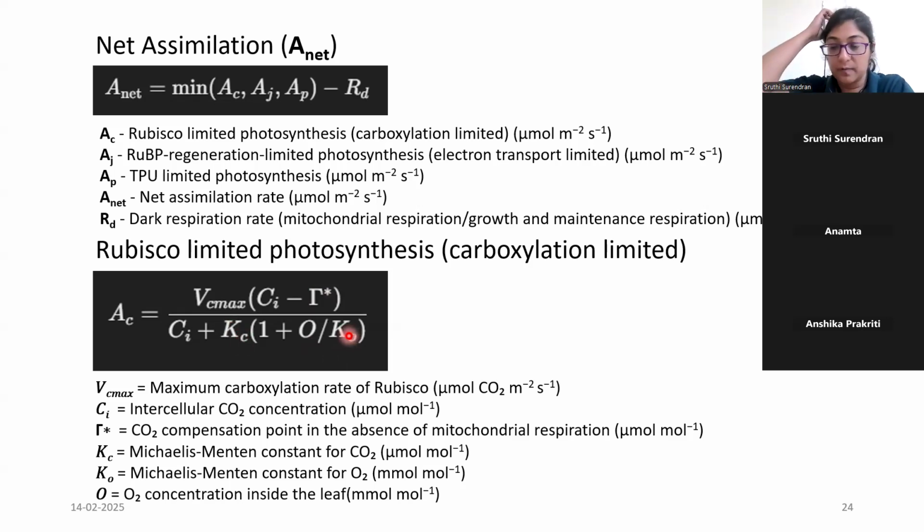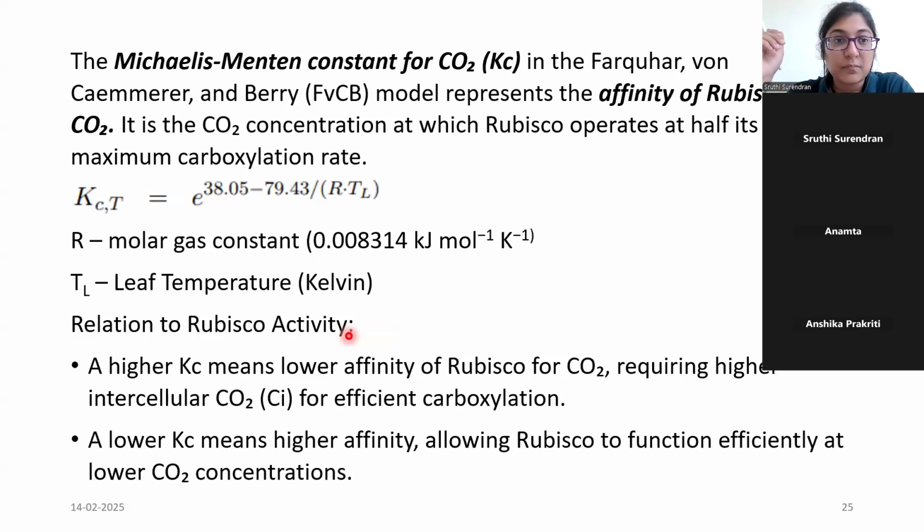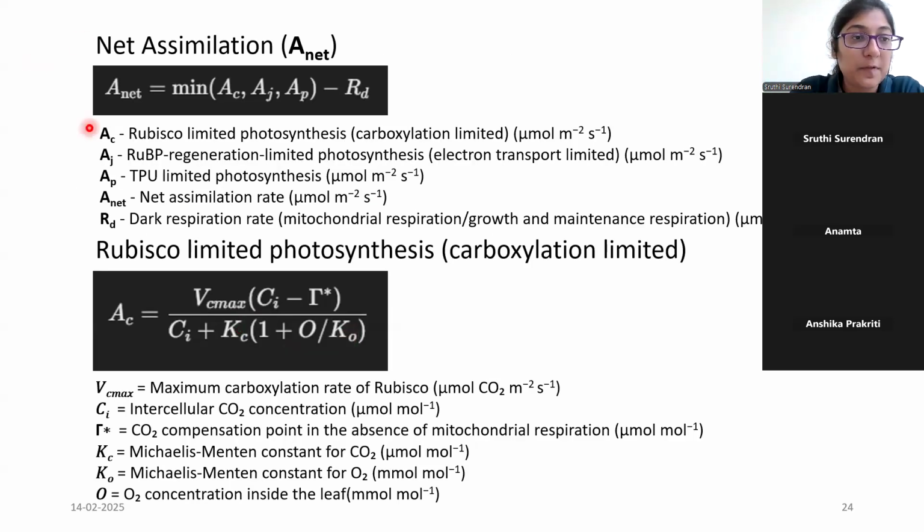I think if I take all of this, it will be too overwhelming. So as of now, I will stop with this final Farquhar equation. We call it FvCB in short form. The FvCB equation gives us the net photosynthetic rate, which is the minimum of the Rubisco limited photosynthetic rate, RuBP regeneration limited photosynthetic rate, or triose phosphate utilization limited photosynthetic rate, minus the dark respiration rate.